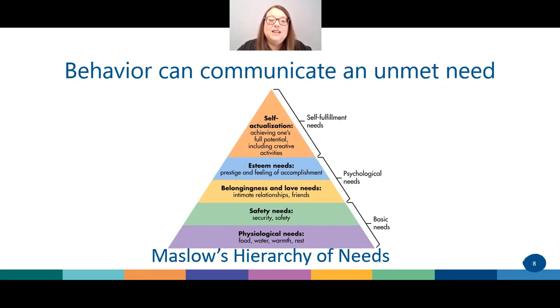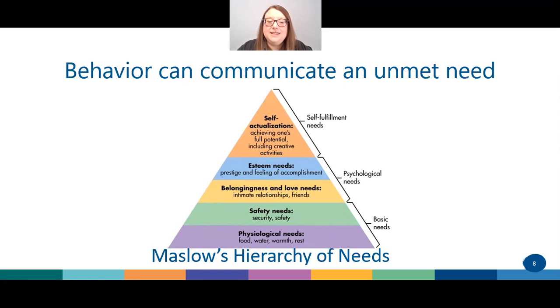So a feeling of security, whether that's where they live or where they work or where they go to school, wherever they find themselves, a need to feel safe, a need to feel secure. The ability to predict what is going to happen in their environment also falls under safety needs. So that routine and that predictability also comes into play when we look at safety and security.